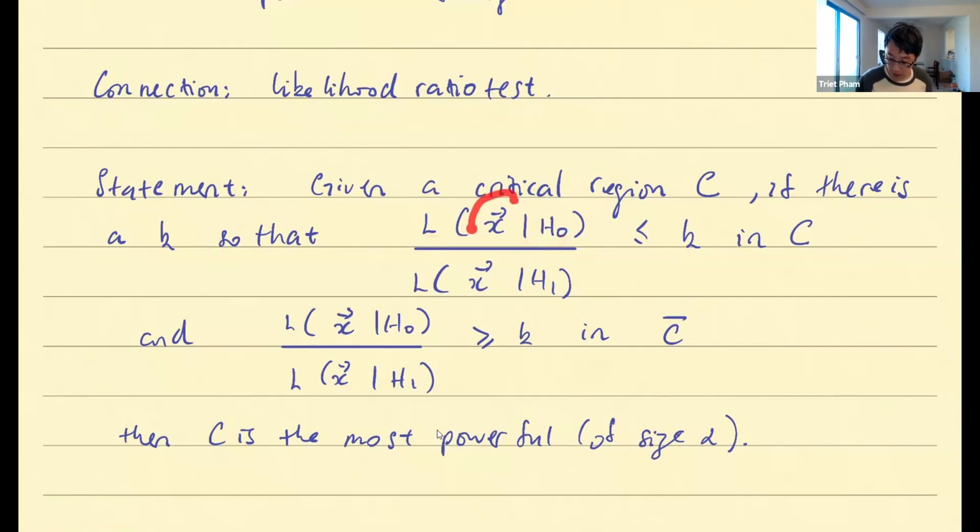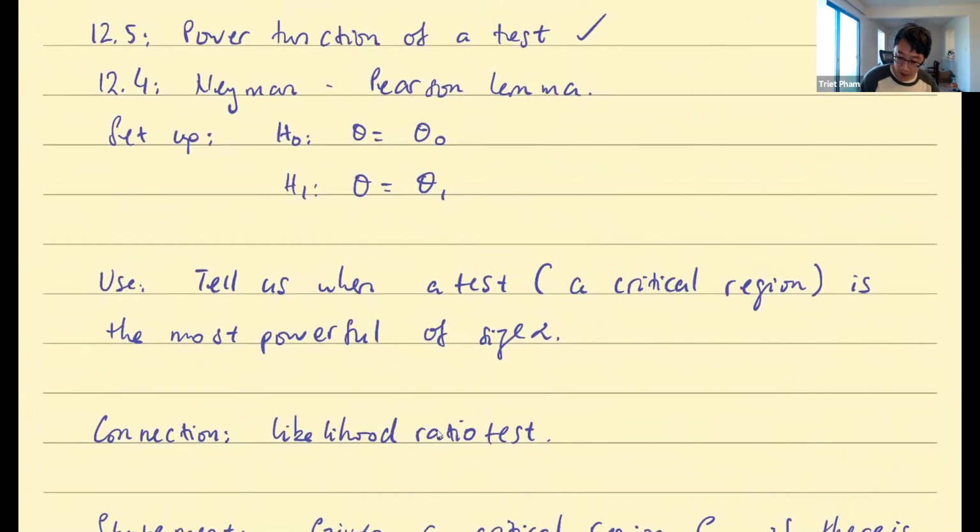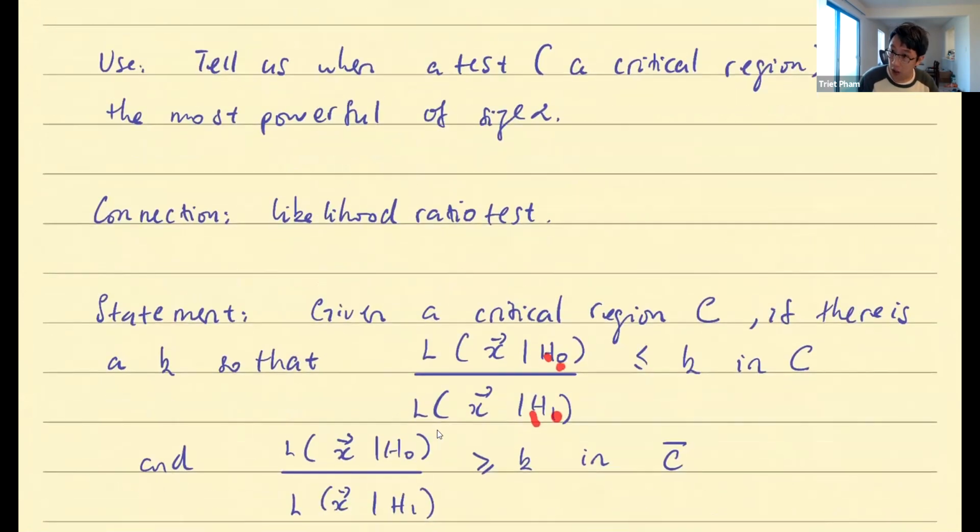This is why the vector x is here. The likelihood function will be different depending on whether the null is true or the alternative is true. Why? Because the likelihood function is a function of the parameter. If the parameter changes, then the likelihood function changes. So these are two different functions, and you can form a ratio.